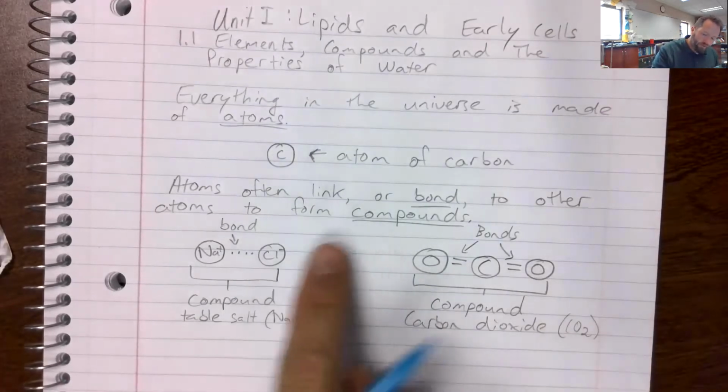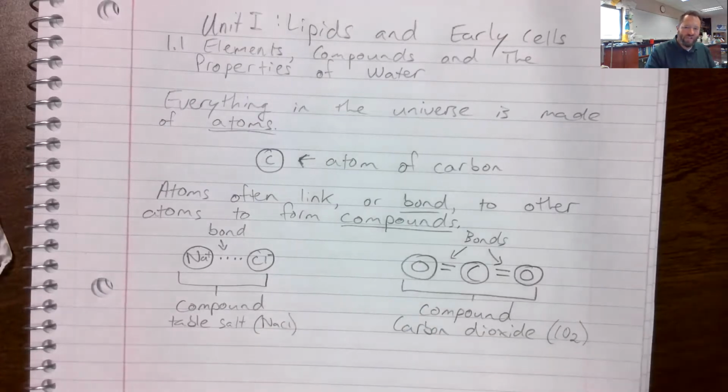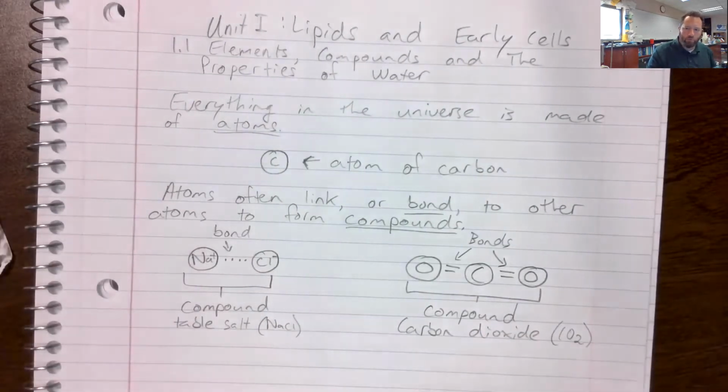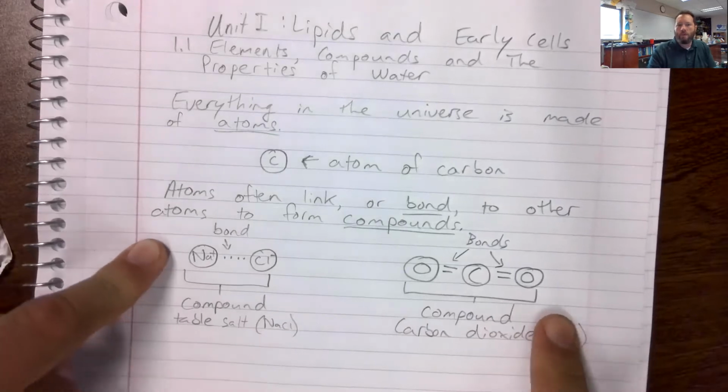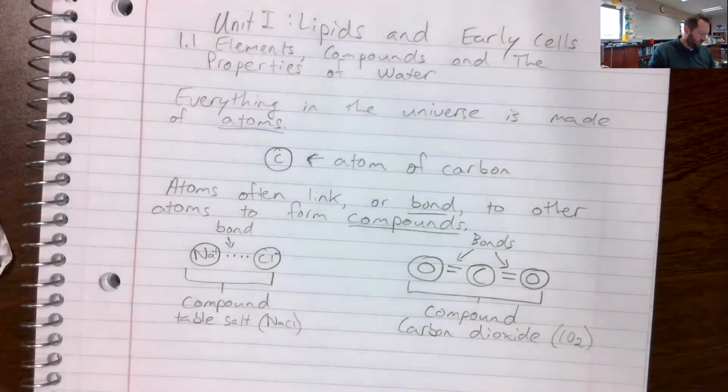All right, I'm going to leave a blank spot in the middle here and come back and fill that in in just a second. For right now, what we're seeing are two types of bonds, at least the two types we'll work with most often in this class.